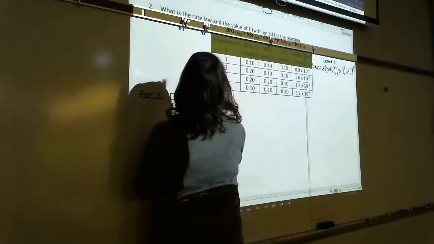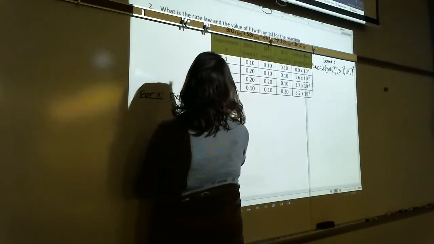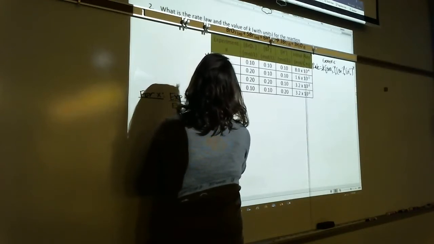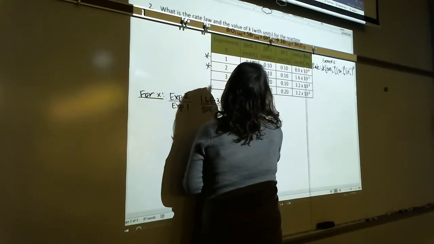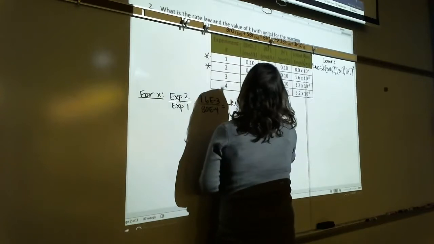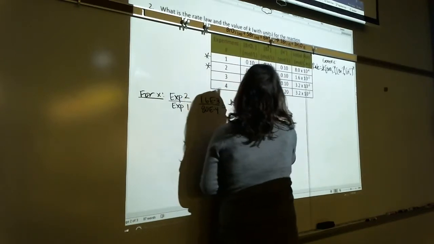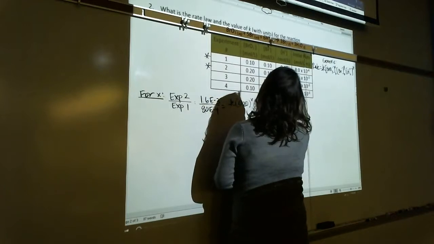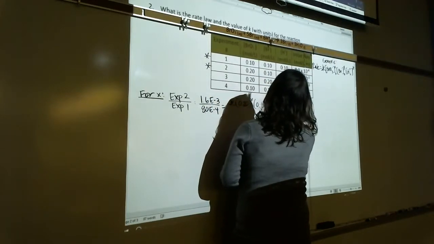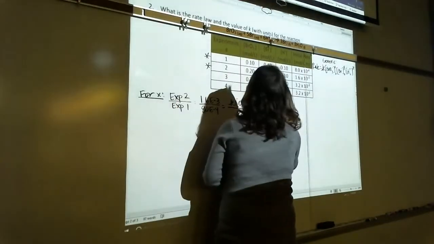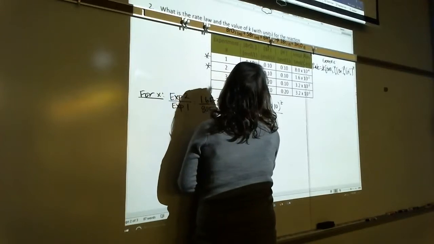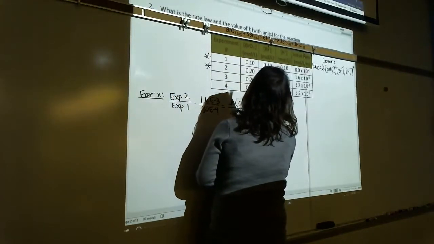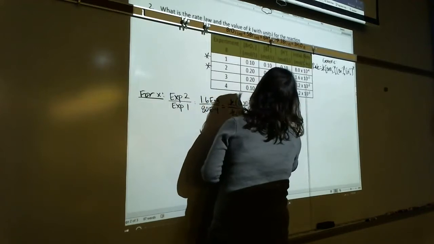So rate is equal to 1.6 times 10 to the negative third, and 8.0 times 10 to the negative fourth is equal to k. Now I'm just plugging in 0.10 to the x, 0.20 to the x, 0.10 to the y, and 0.10 to the z, divided by k times 0.10 to the x, 0.10 to the y, 0.10 to the z.